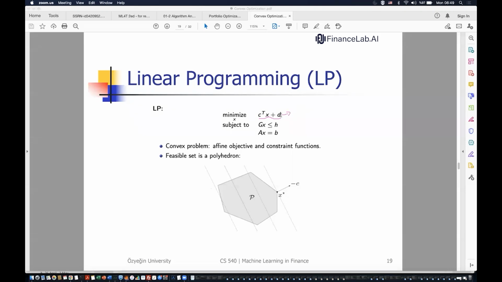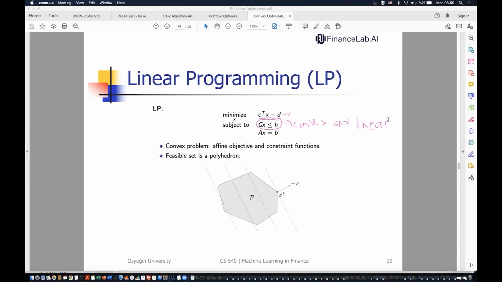In this case, we have Gx smaller or equal than h. Again, this is an affine constraint, and this is why it is convex as well. The last constraint is a linear equality constraint. That's why overall the problem is a linear programming problem.